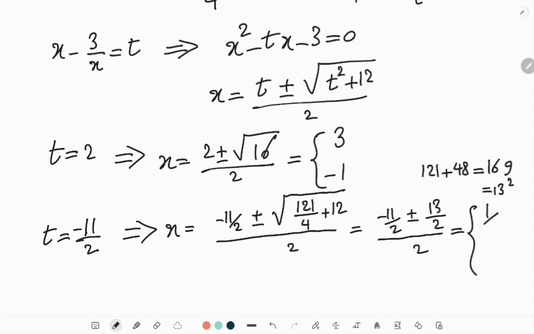So this is one answer. And if you take minus, that is minus 24 divided by 2, which is minus 12, and divided by 2, that is minus 6. So these will be the answers.